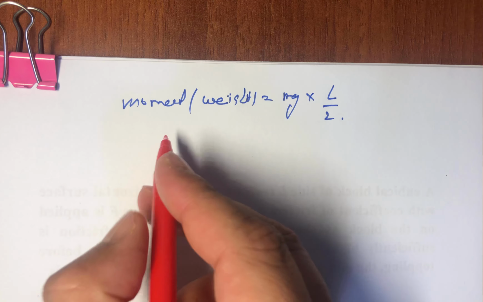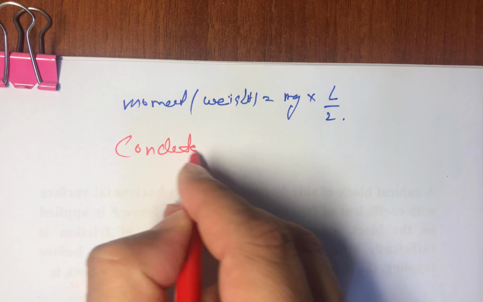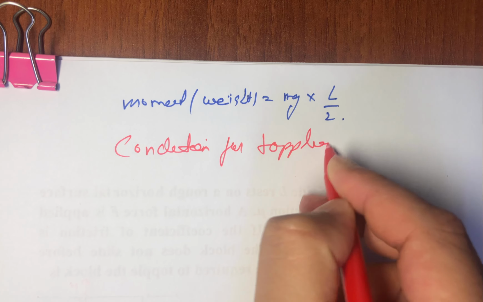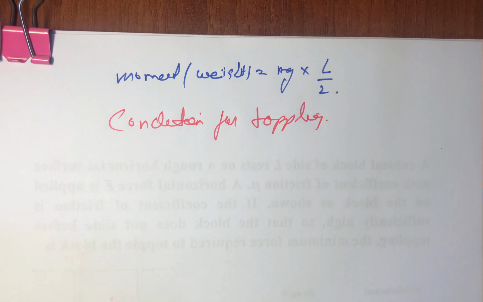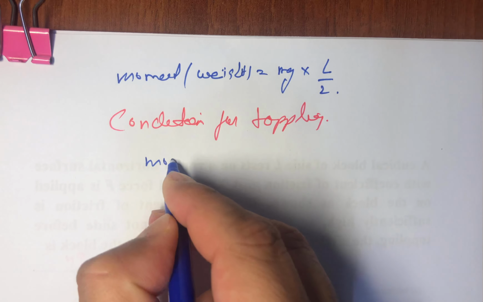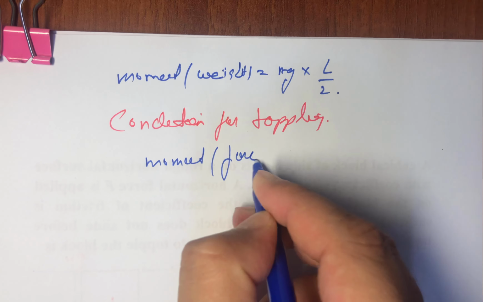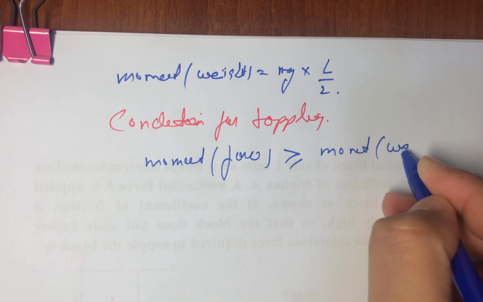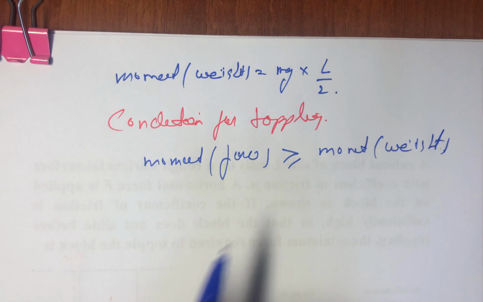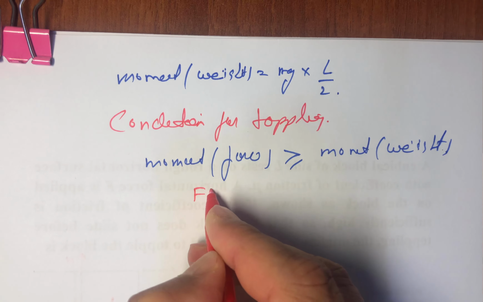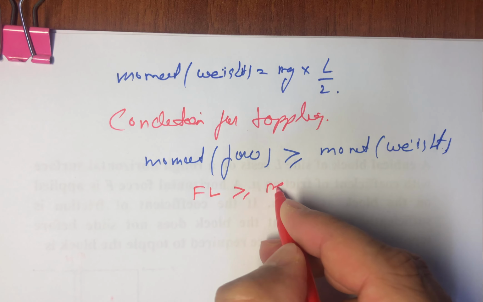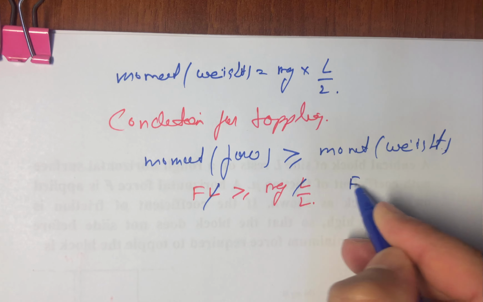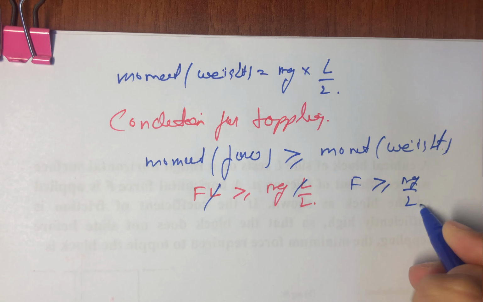So the condition for toppling: moment due to force should be greater than or equal to moment due to weight. We can say FL is greater than or equal to mg L by 2. L and L cancel out, so we get F is greater than or equal to mg by 2.